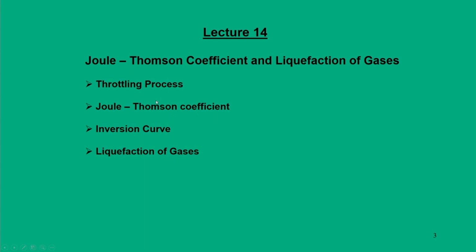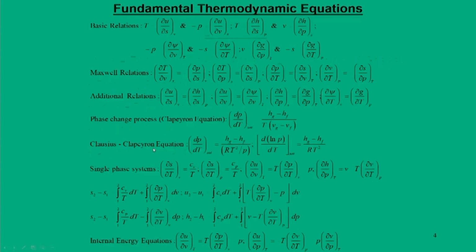Now, under the roof of Joule-Thomson coefficients, we will discuss the graphical representations and what we call the inversion curve. After learning all these things, we will try to give the concepts of liquefaction for gases.